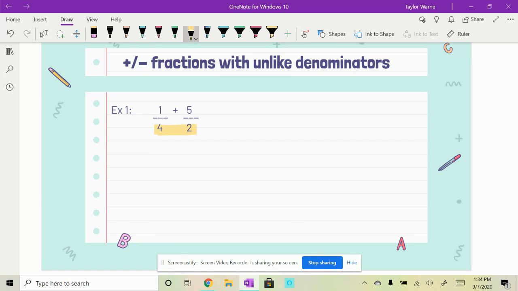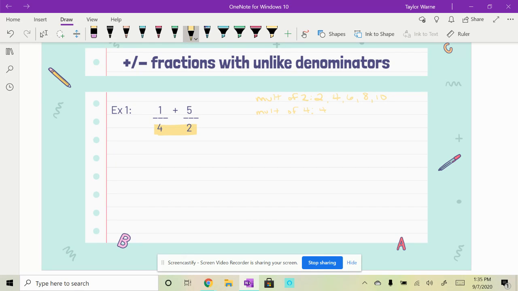If I'm looking at the numbers 4 and 2, I'm going to start listing my multiples of 2. So we have 2, 4, 6, 8, and 10. And then I'm going to list my multiples of 4.